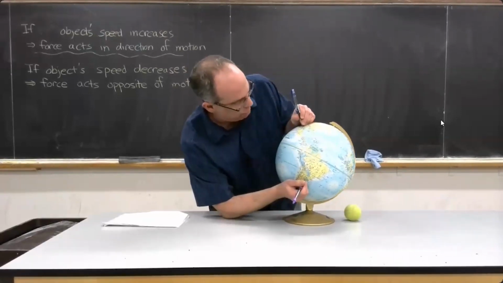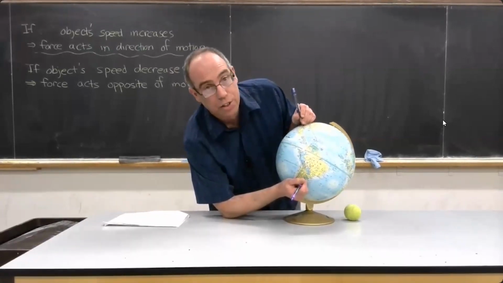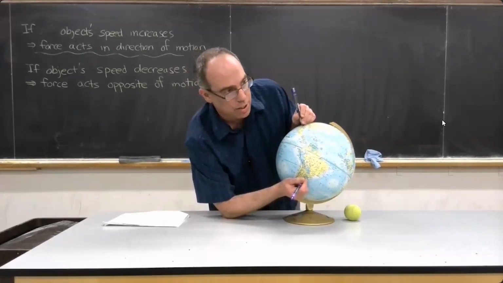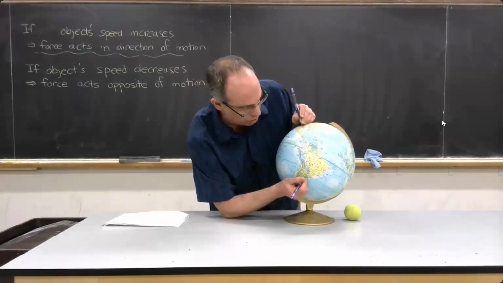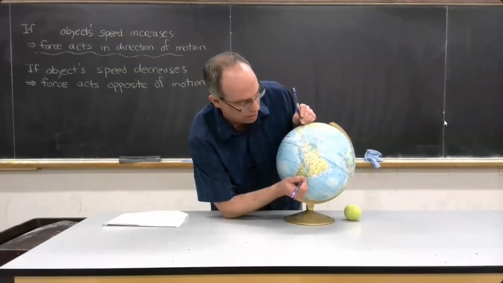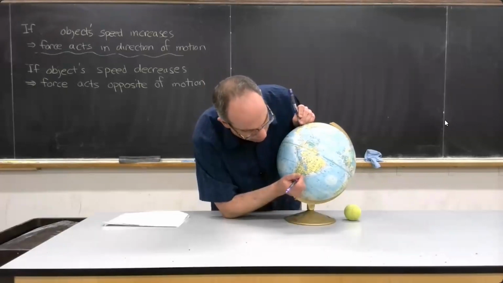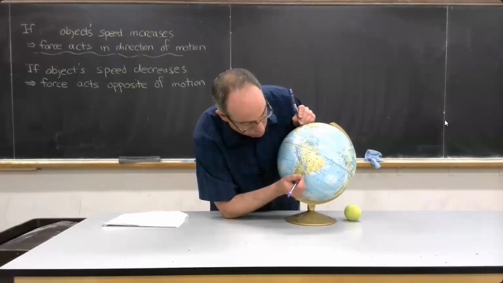So notice these two points on the globe, Los Angeles, Buenos Aires. In either case, when you toss an object in the air or simply drop the object from rest, you notice there is a force acting on the object directed towards the ground in your vicinity. And perhaps you have done similar experiments of your own at different places in the world as well.